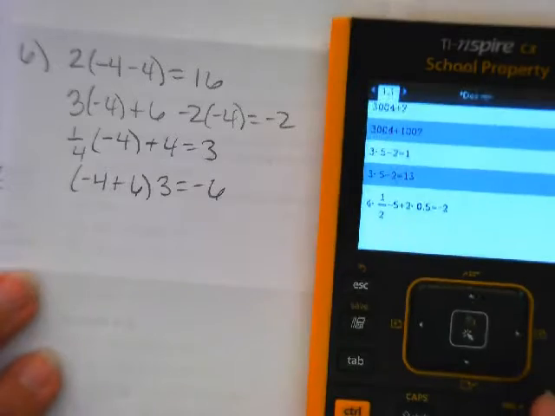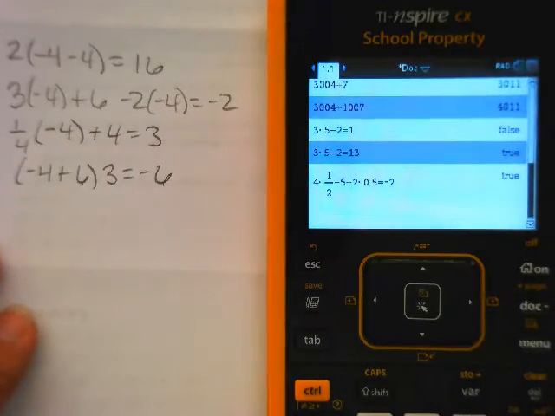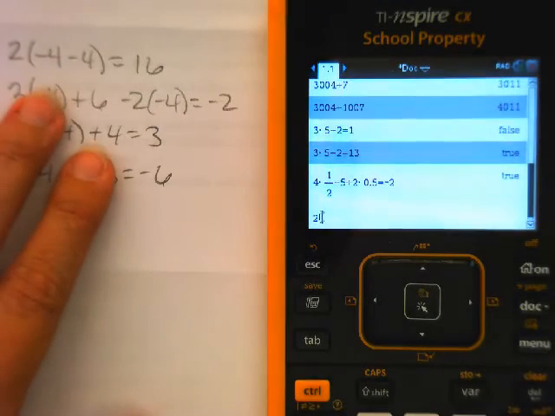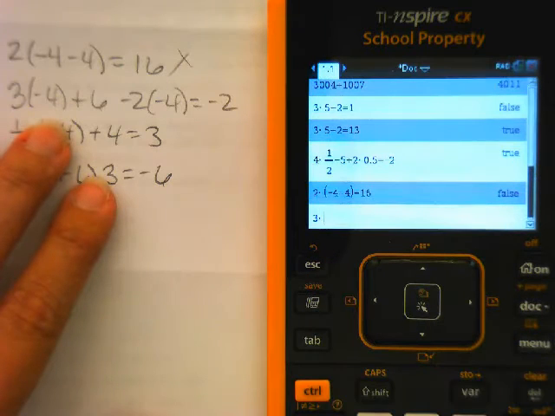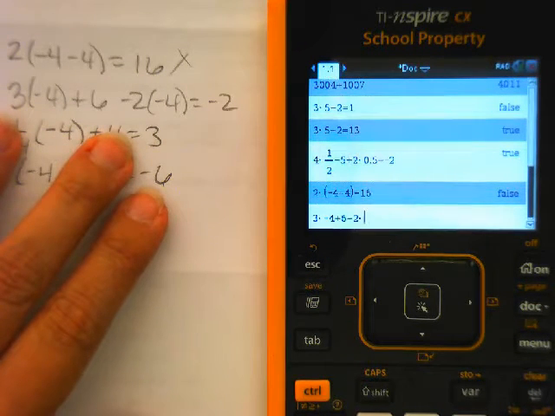So you can see here, I'm plugging that negative 4 in place of x. And then I'm going to come over here to parentheses negative 4 minus 4, close parentheses, equals 16. Nope. 3 times negative 4 plus 6 minus 2 times negative 4 equals negative 2.